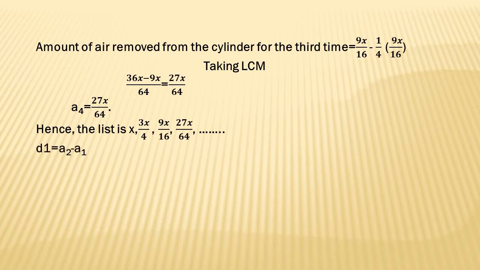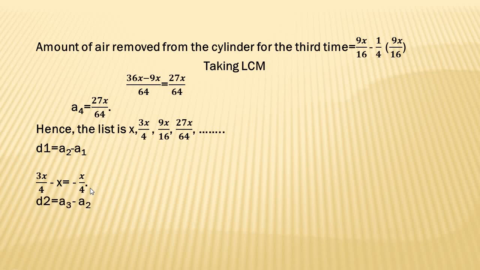To do that, we write a formula of common difference and subtract the second term minus the first term and check whether the common difference in these cases is the same, constant, or not. So in this case it's 3x by 4 minus x. Take an LCM, 4x. So we get the answer as minus x by 4.